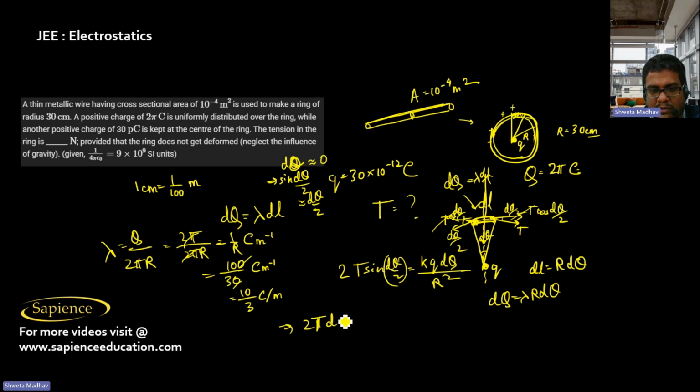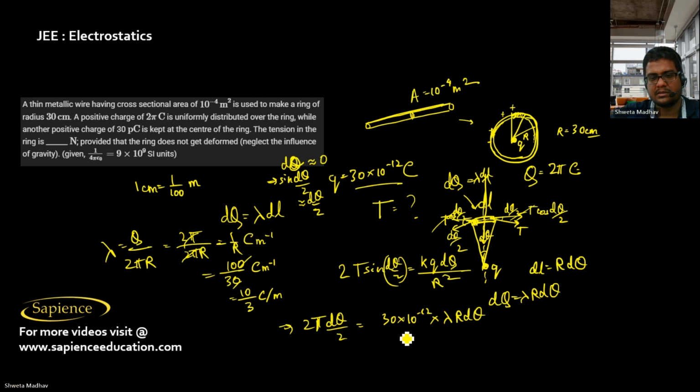So 2T into d theta by 2 is equal to k, that is 1 by 4 pi epsilon naught, into q, which is 30 into 10 power minus 12 coulomb, into dq, where dq is lambda r d theta, divided by r square.